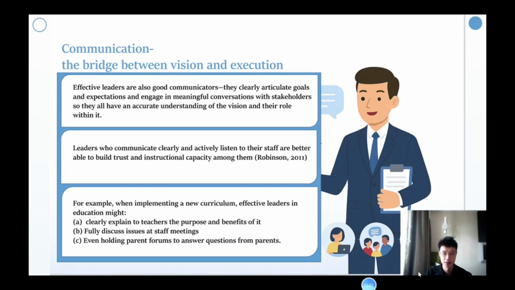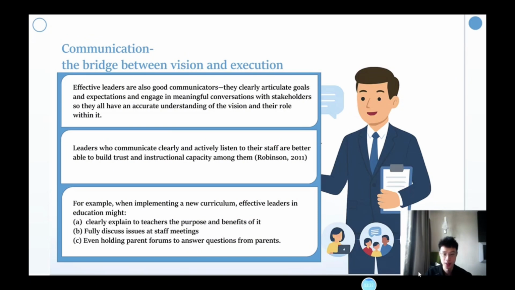According to Robinson, leaders who communicate clearly and actively listen to their staff are better able to build trust and instructional capacity among them. For example, when implementing a new curriculum, effective leaders in education might clearly explain to teachers the purpose and benefits of it, fully discuss issues at staff meetings, even holding parent forums to answer questions from parents.